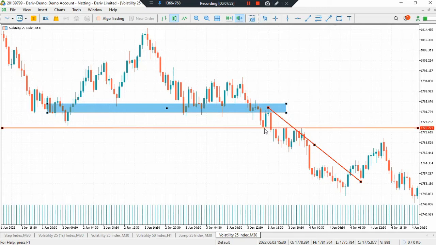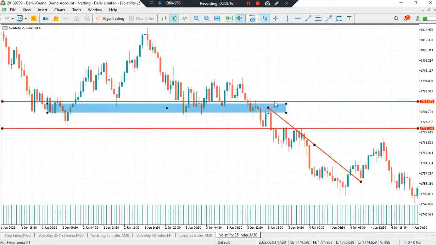Guys, don't use market execution, because you don't know what is going to happen. This might not be a retest. This might be a reversal. This might be the trend reversing, maybe going to the upside. So use sell stop.